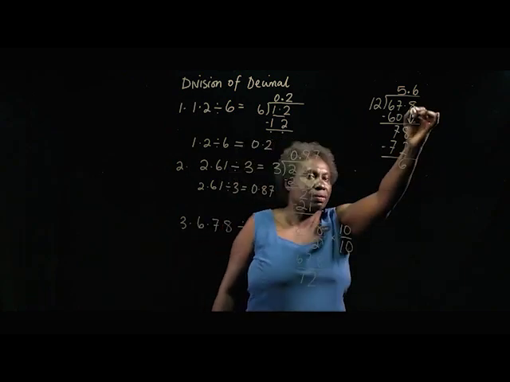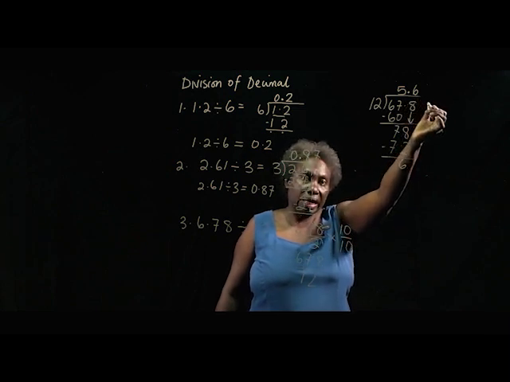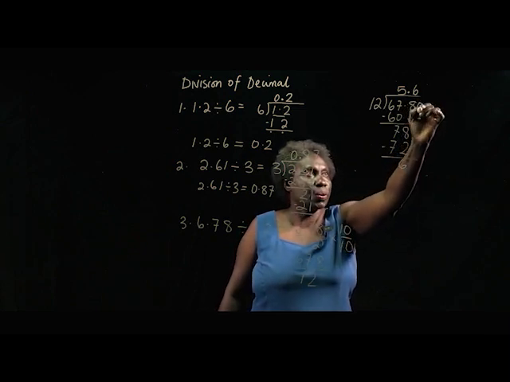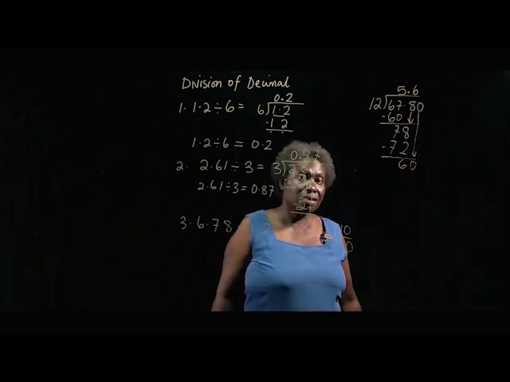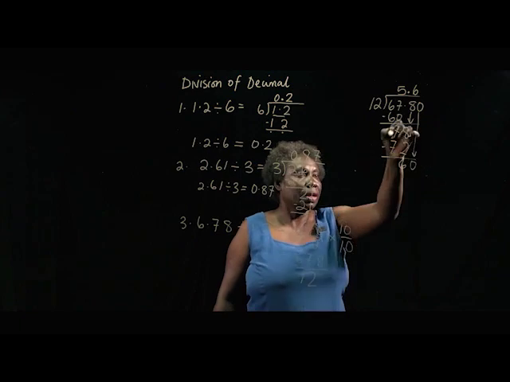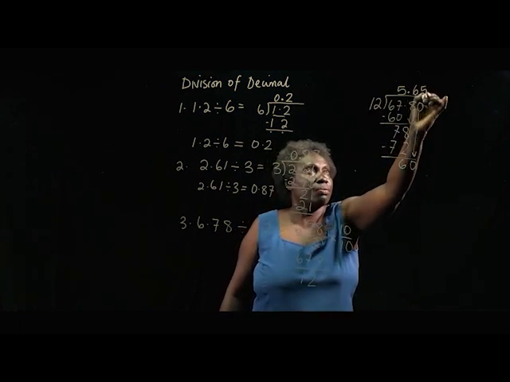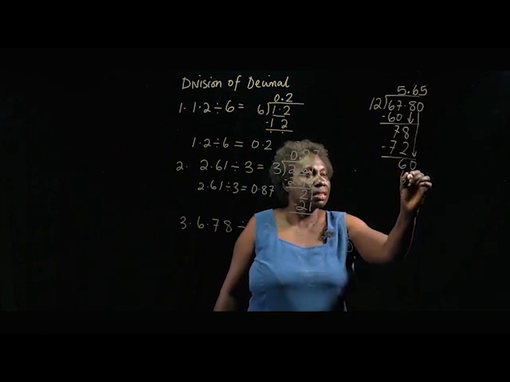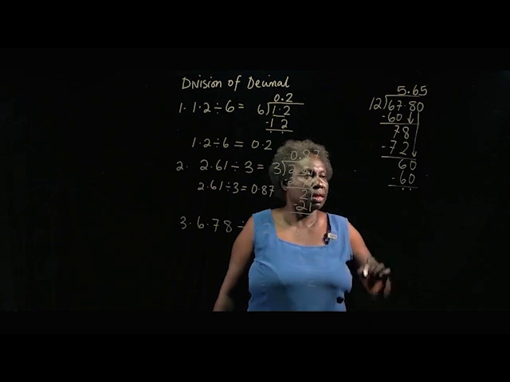Now, if you look at this, we do not have any digit after 8. So, I just add 0 here and I bring down 0 here to make it 60. So, now I have 60 divided by 12, which is 5. 5 times 12 is 60. When I subtract, I am left with nothing.